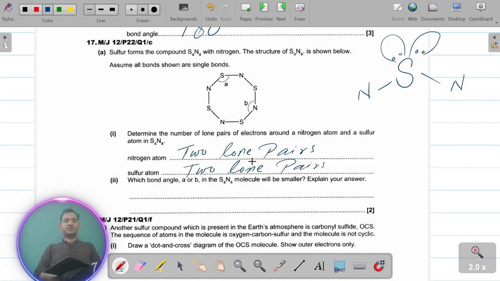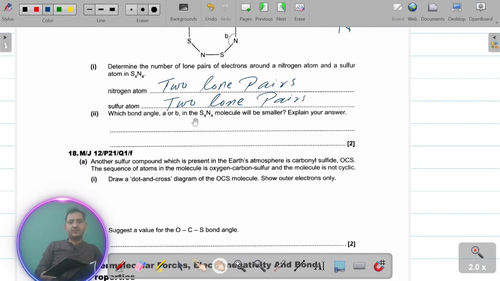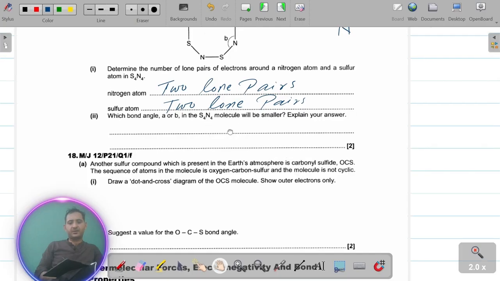But it must make three bonds, but nitrogen is making two bonds, okay. Understand. Next is which bond angle, A or B, in the S4N2 molecule will be smaller?